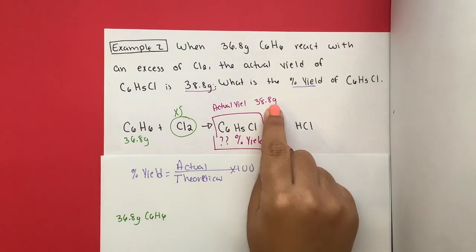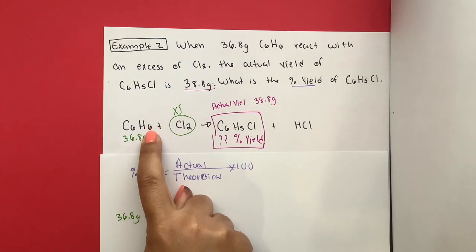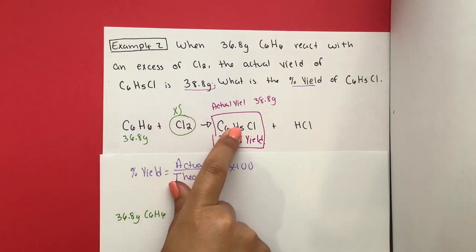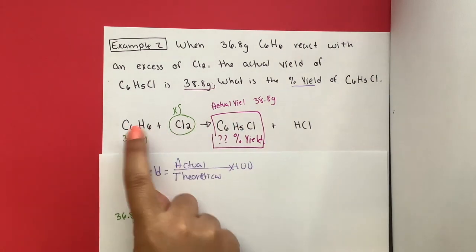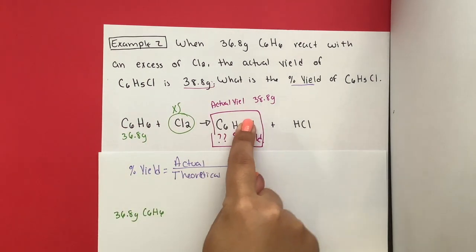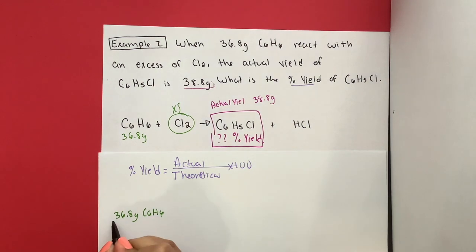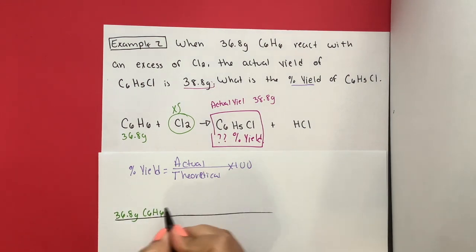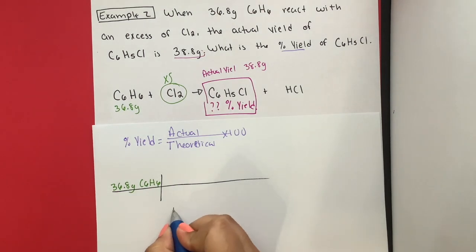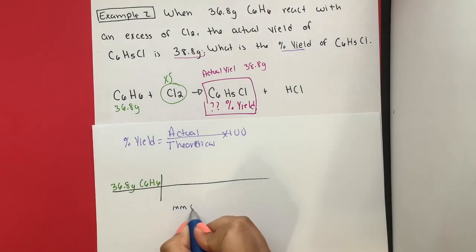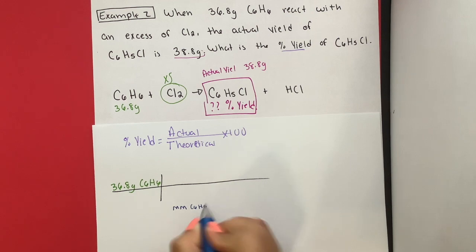We need to go now from grams of C6H6 to grams of the product. So we need to go from grams to grams. That means that's going to be the longest one, where we have to use molar mass twice. So the first step is we need to find the molar mass of C6H6, so then we can go from grams to moles.